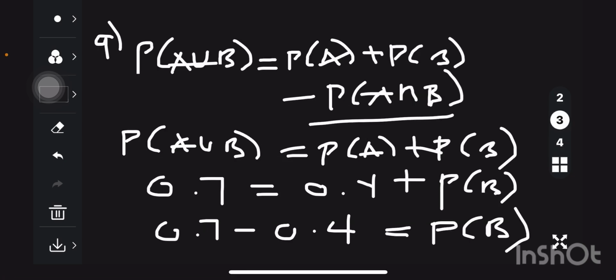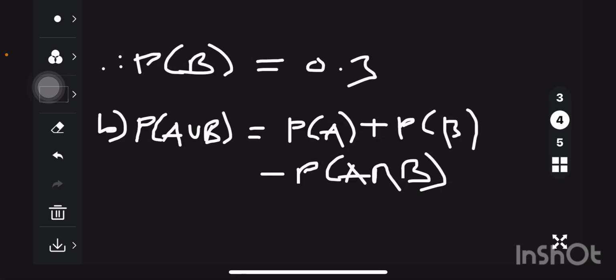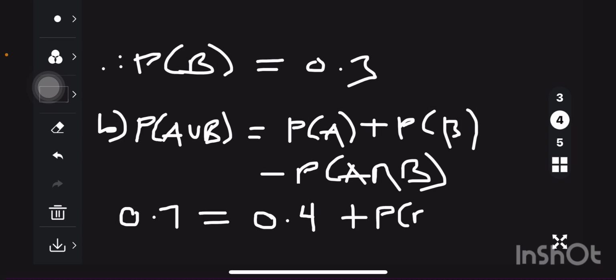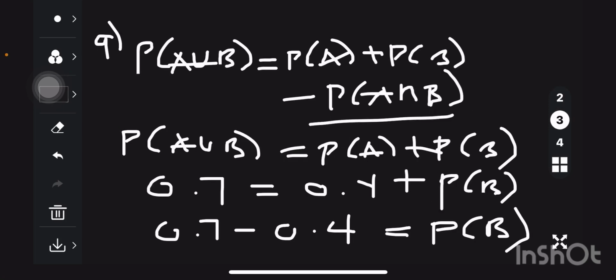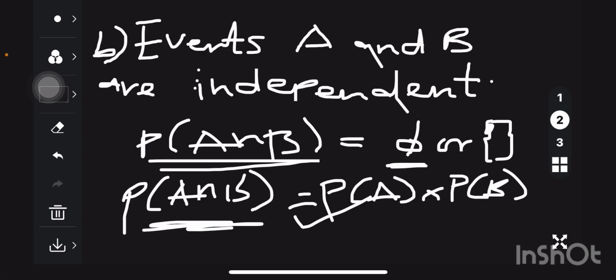Here it is not the empty set, so this is what we have. By direct substitution, we have 0.7, then the probability of A is 0.4, plus the probability of B, minus the probability of A multiplying the probability of B. That's what we just established. Let's continue.